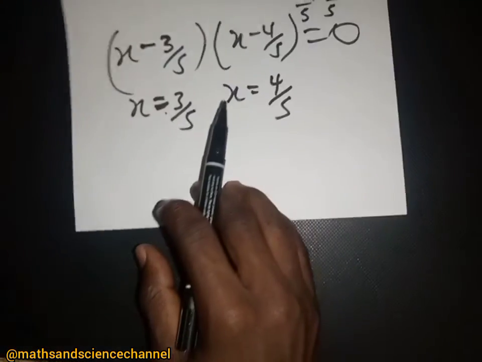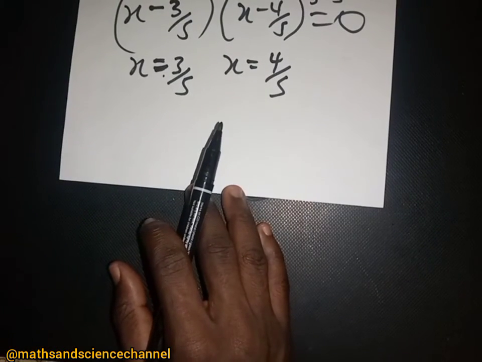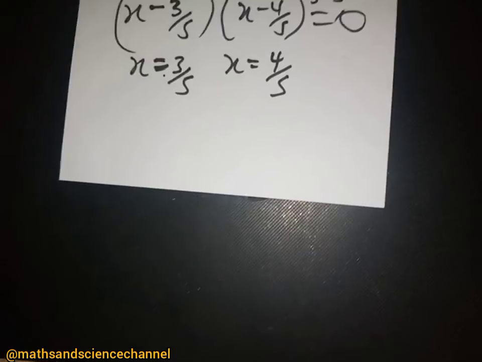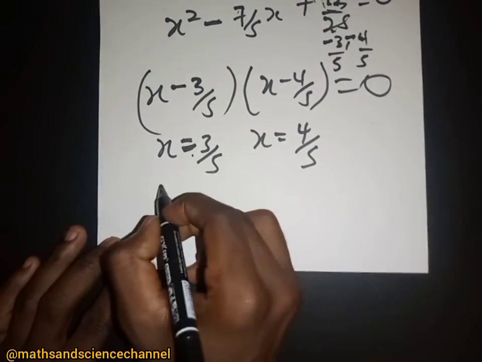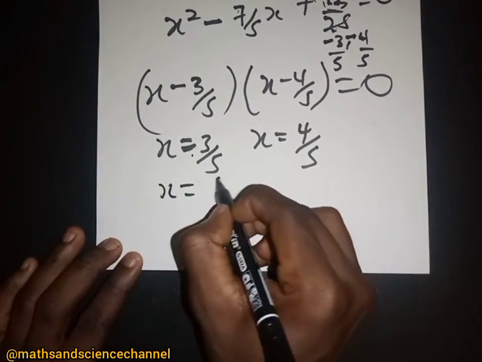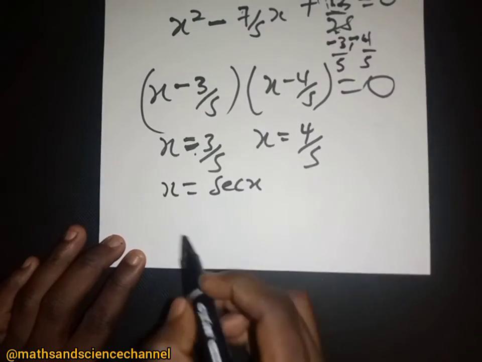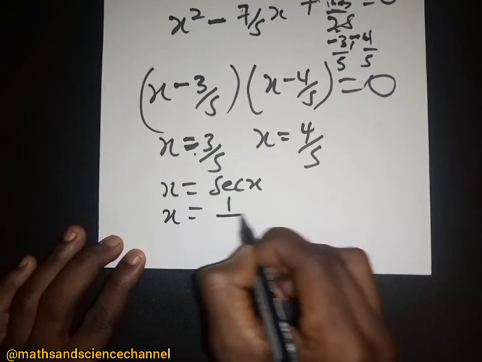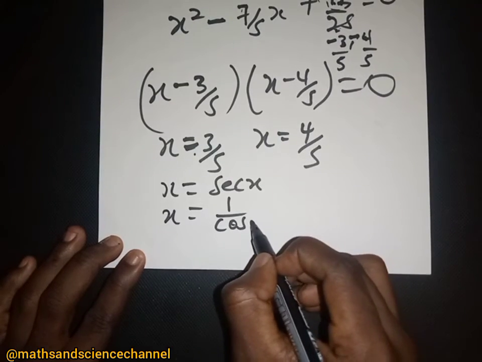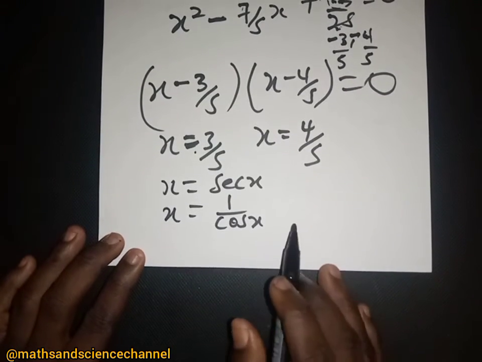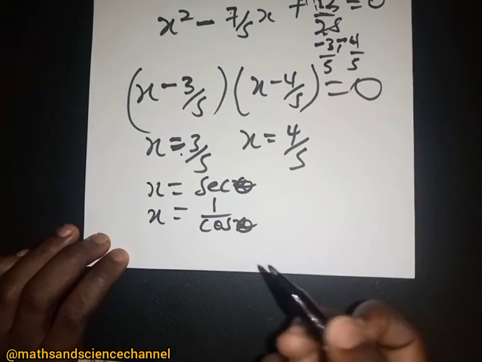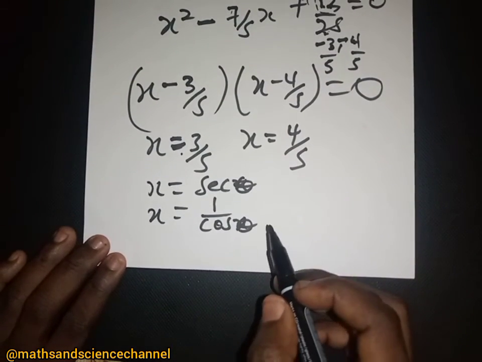Now we are still not done. What we are going to do next is this: we said that x is equal to sec theta from the beginning, right? So sec theta is just 1 over cos theta.